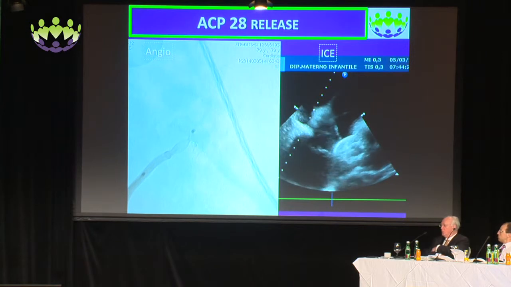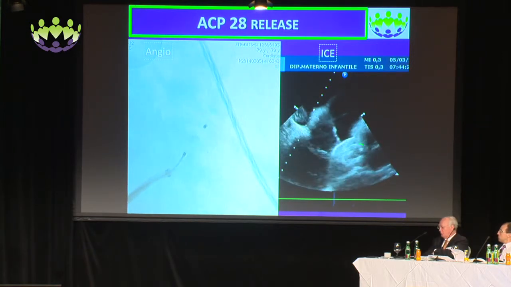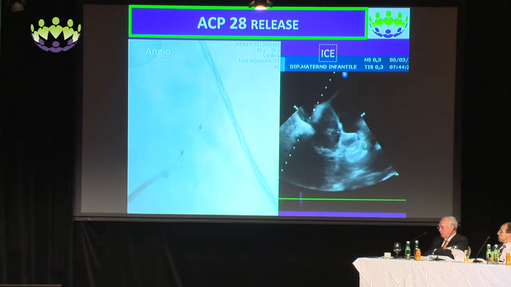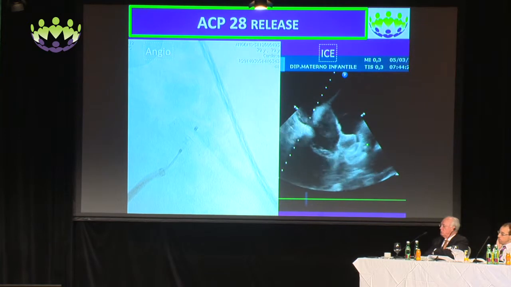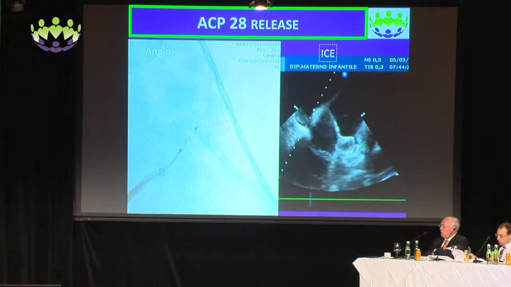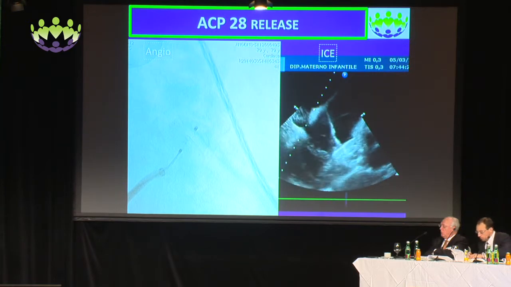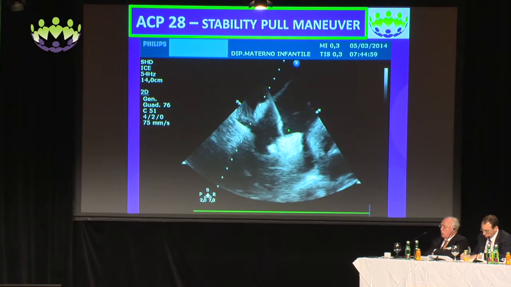You see that the compression is not really good, but mainly with the TEE, we have good information about the device and the tissues around. The compression really is not so good. And we perform a tug test, with migration of the device.